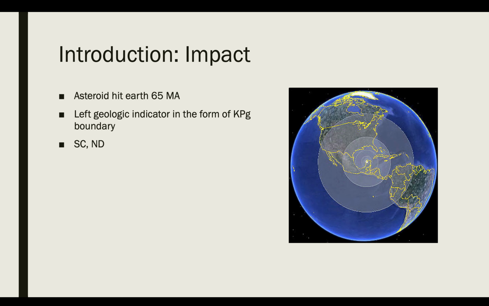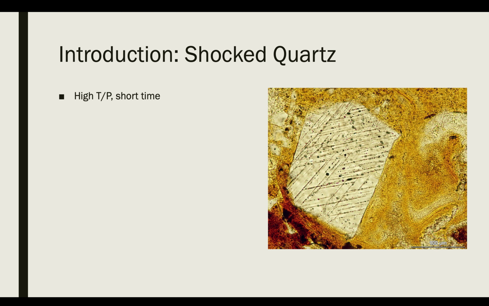So in this project, I'm looking at this KPG boundary in both South Carolina and North Dakota sediments. One of the main things I was looking for when examining these sediments under a microscope is shocked quartz.